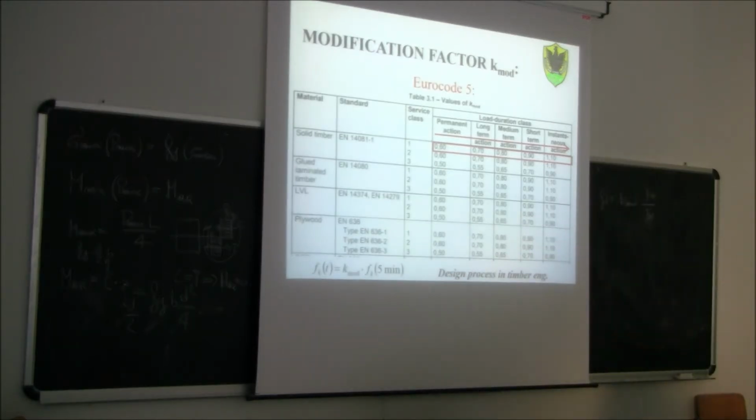I can tell you, until 2008, the Italian regulation had 1 instead of 1.1. Probably that was a mistake. And then fortunately with the new regulation now, 2018, they changed, and now again we have the right value, which should be 1.1. Because for a very short duration load, of course the strength is higher.